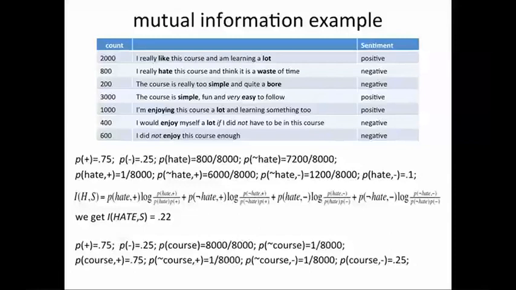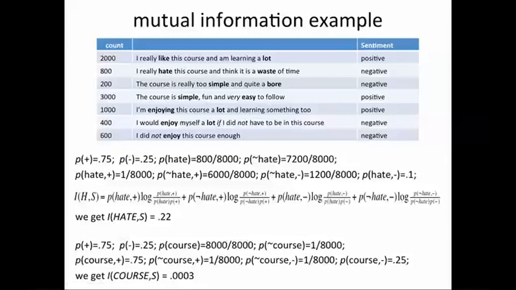In fact, it occurs in all comments. And similarly, the probability of coarse in negative comments is just the probability of negative comments because it occurs in all comments. And not coarse doesn't occur, so again we smooth this. The resulting mutual information is 0.003. So what this is saying is that a word like coarse, which occurs everywhere, is not able to tell me anything about whether a sentiment is positive or negative.